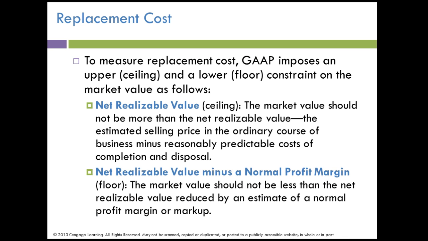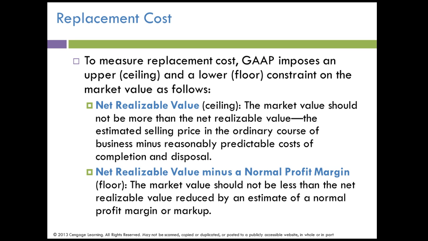Also, it's nice to have some piece of a profit margin. So the market value shouldn't be less than the net realizable value reduced by an estimate of a normal profit margin. Basically, there's not always other available items to go out and purchase on the market.